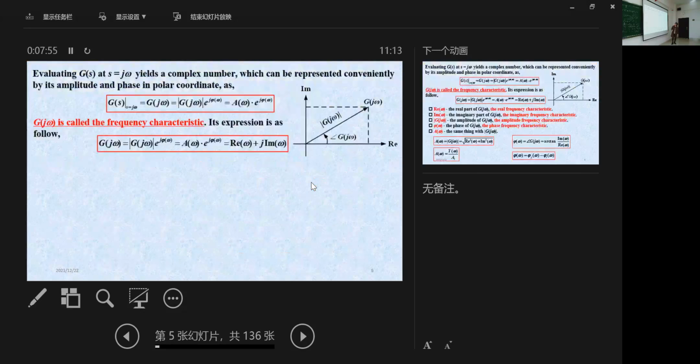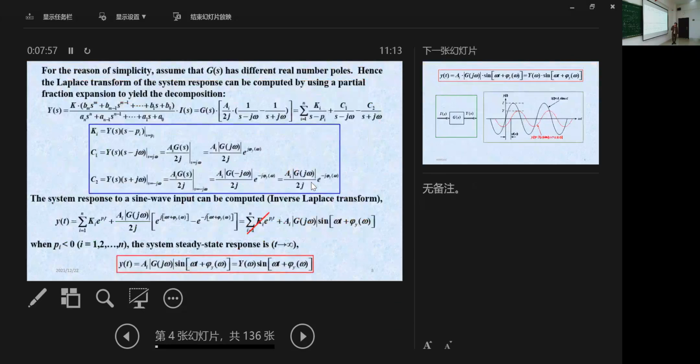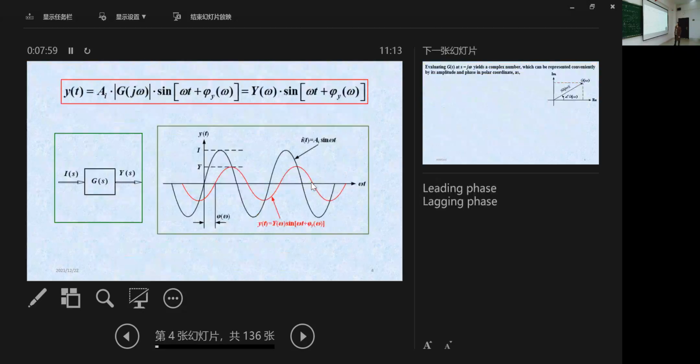Okay, let's go back to here. See, the input signal is shown here. Remember the input: what is the frequency of that? Omega, right? By inserting it into G(s), we get Y. So what is the frequency of the output? Still omega.